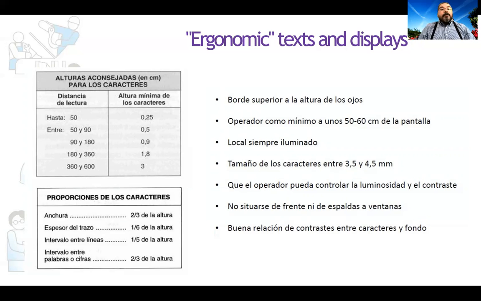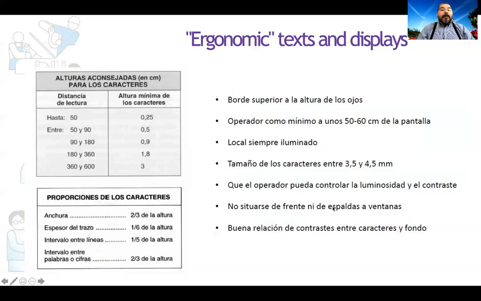You as an operator must be able to modify the luminosity and the contrast between your control and you. You should never be in front of or behind the windows because you'll have a lot of illumination and that will not allow you to see the characters on the screen or in the control correctly.